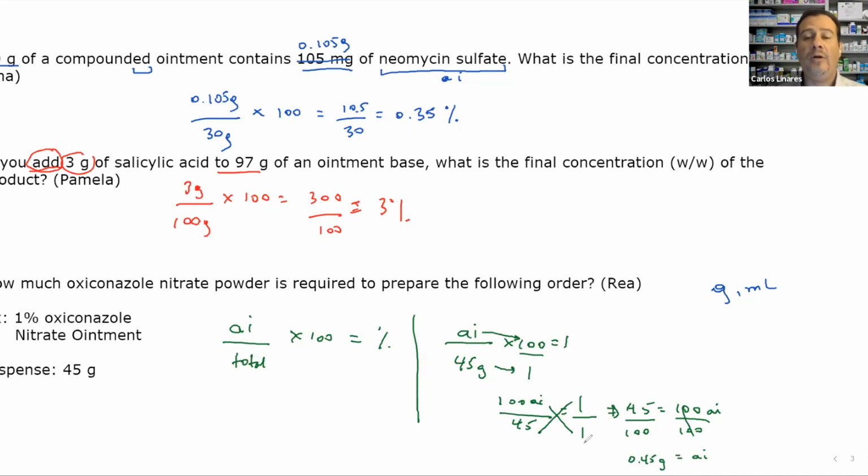Okay, so this is the long way of doing it. The short way is simpler. Whenever you are given the percentage and told this amount already, you just multiply the two together. 1% times 45 is equal to 0.45 grams.